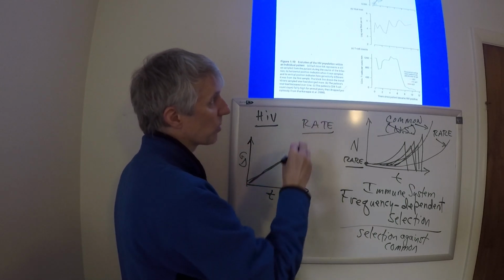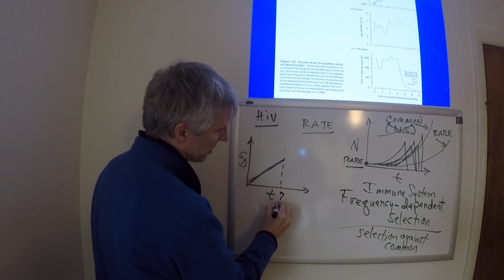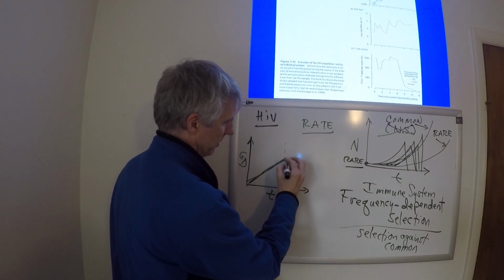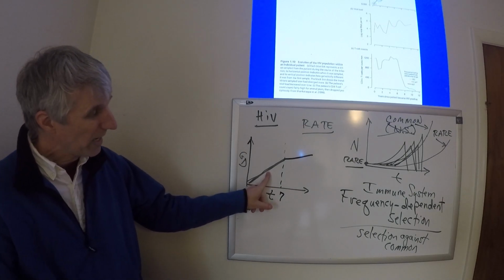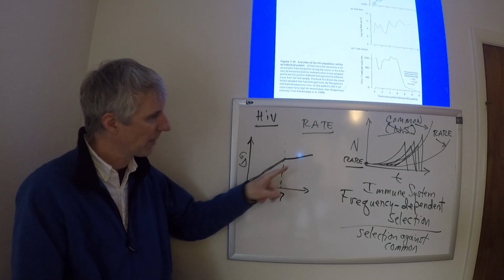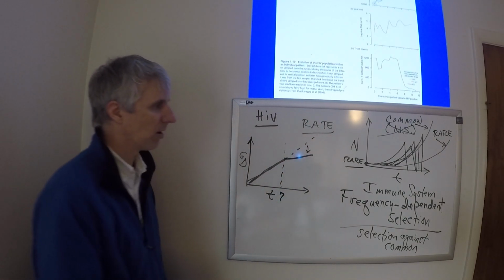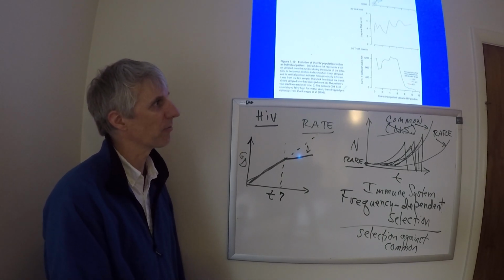Now, if we look at this plot, it looks like about 7 years in, there's a change. The rate of evolution before 7 years is very high, and the rate of evolution after 7 years has gone down. So let's see if we can figure out where this is coming from.